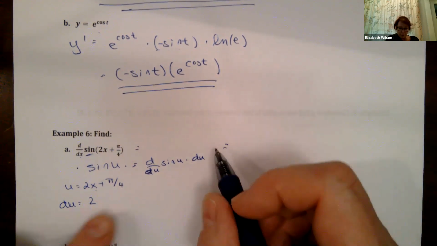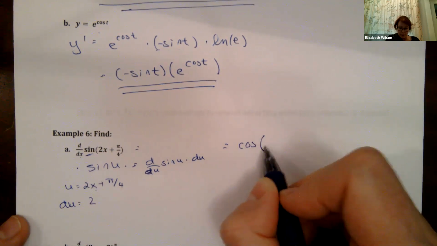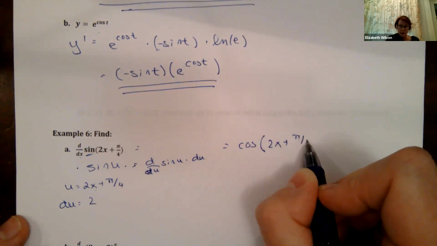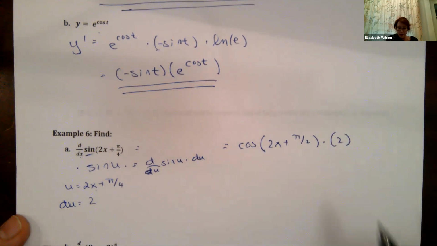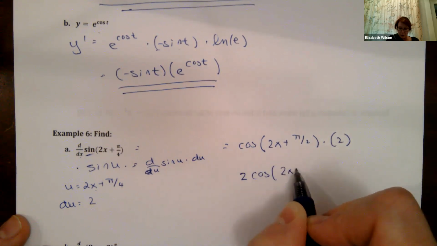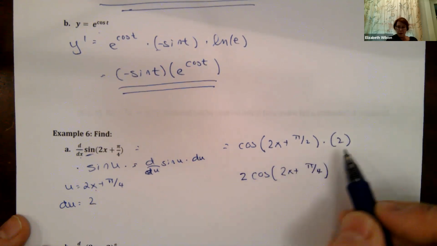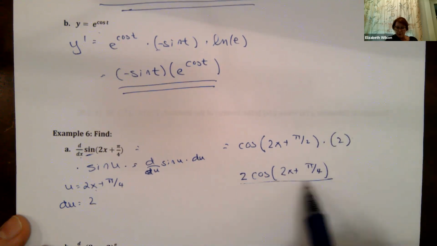Derivative of the sine is our cosine. I repeat what's inside, that doesn't change. Now I do my chain rule times 2. I'm going to bring the 2 out front: 2 cosine of 2x plus pi over 4. That helps me remember that the 2 is a multiplier of my outside function.